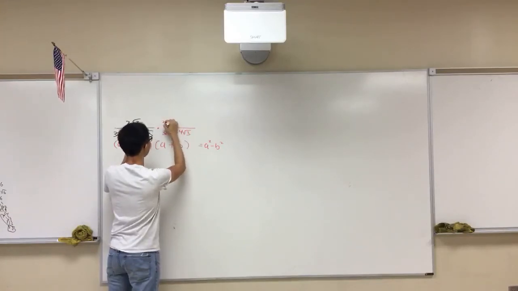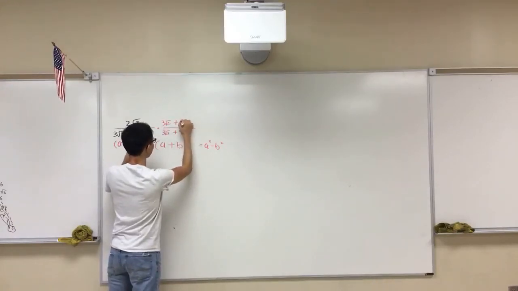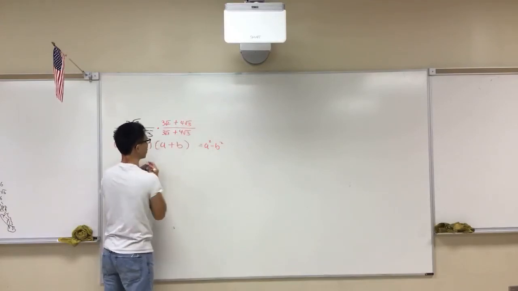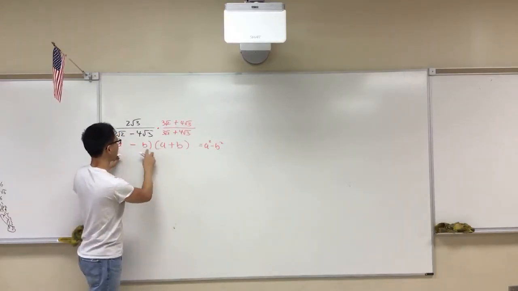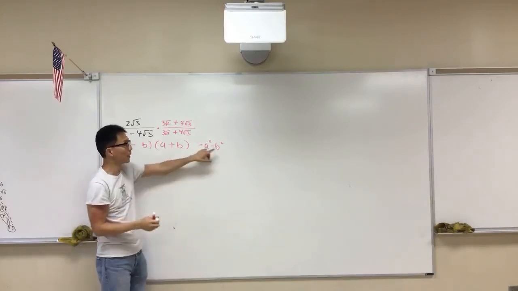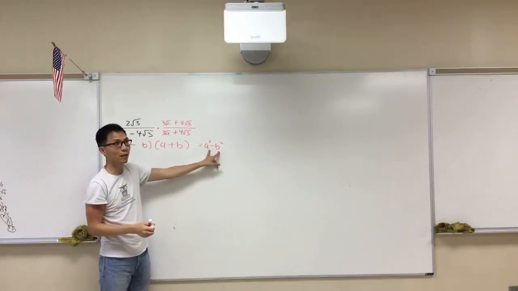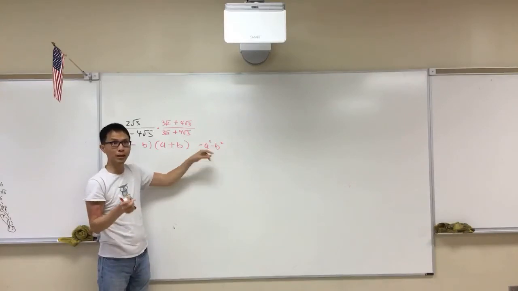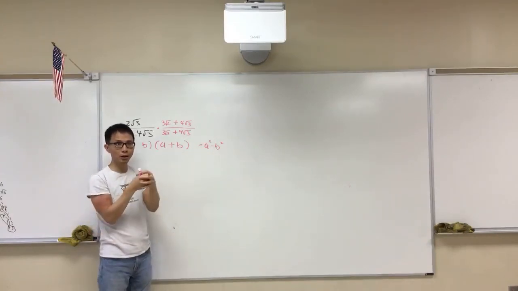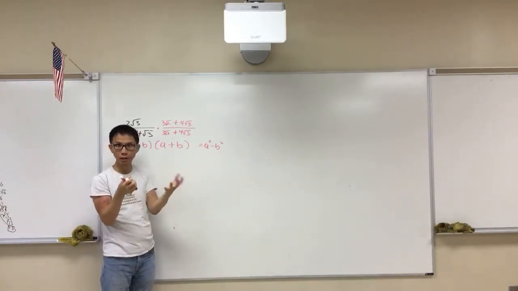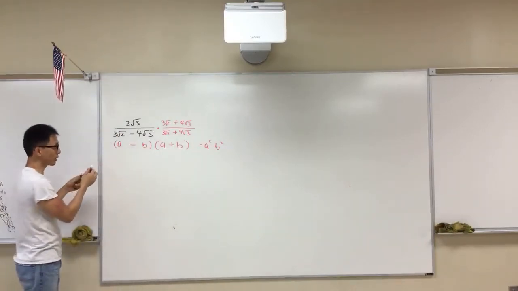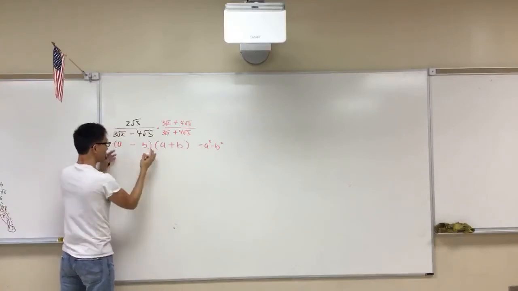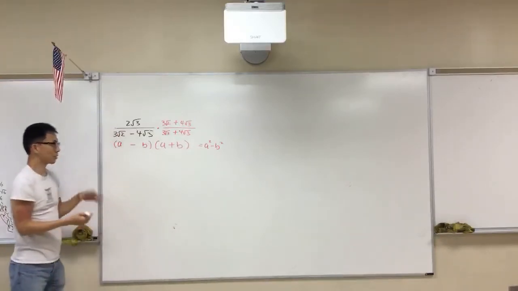If you do that for the top and bottom, there's one nice thing: at the end, we know it's A squared minus B squared. Square and square root cancel. They are inverses of each other, so you can get rid of the radical. So let's do that.